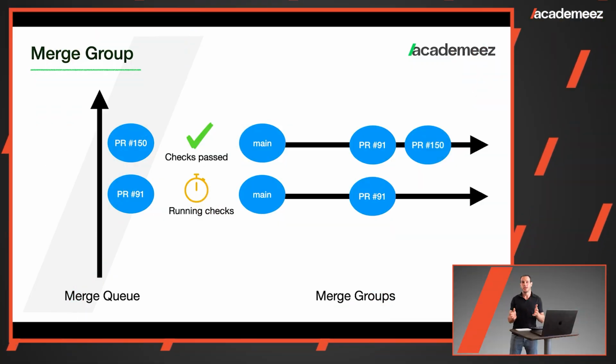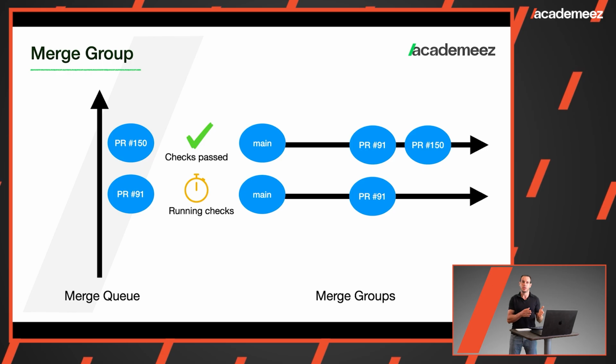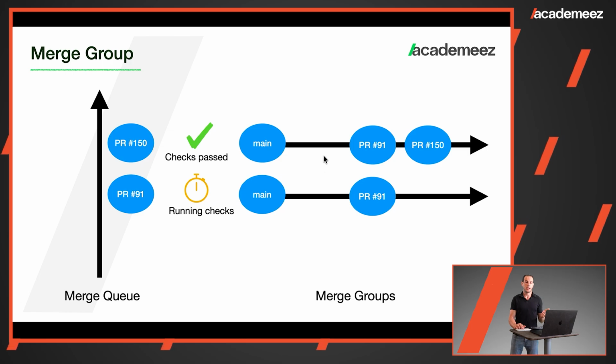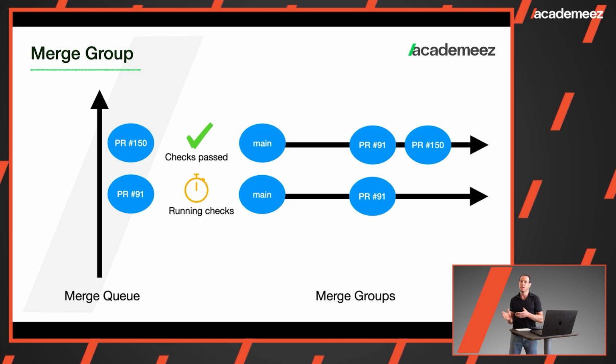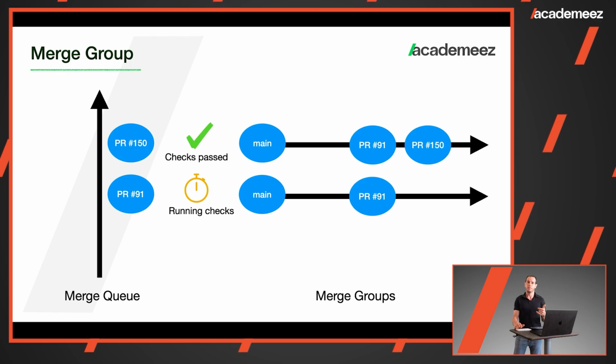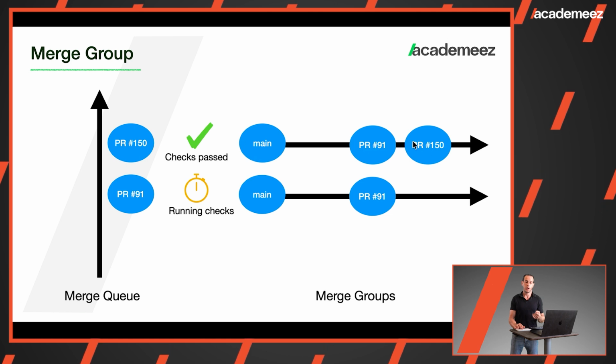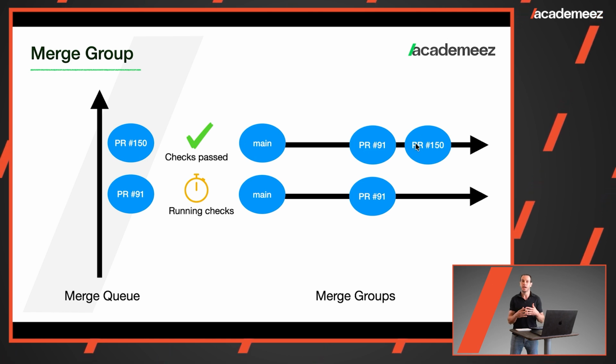So as demonstrated, when a PR is entering the merge queue, a merge group branch is created containing the latest main and every PR ahead of me in the queue, and then my PR. Now, we might have conflicts when the merge group branch is created. For example, let's say PR 91 and PR 150 are touching the same file.